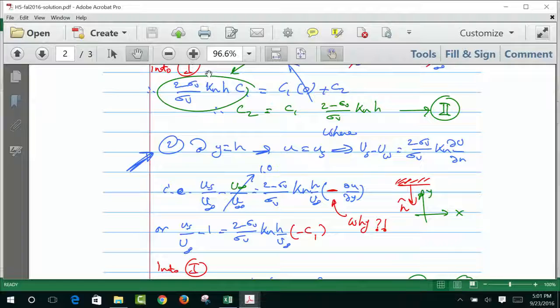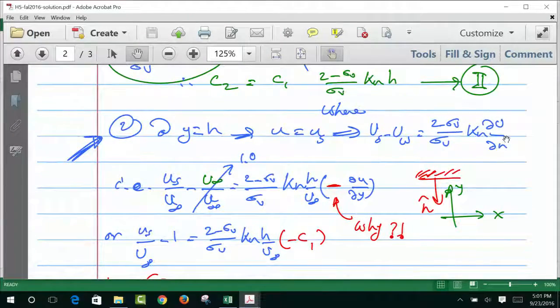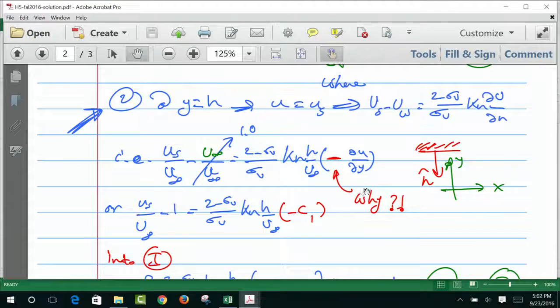So now here is the tricky part that I was talking about. When we do partial u partial n over here, this is the normal to the wall, and this is x and y, we will have to do minus partial u partial y. Everything else is exactly the same. So this is u s over u infinity, and the upper wall is u infinity over u infinity, and Knudsen number, and h over u infinity. What's partial u partial y again? It's C1.